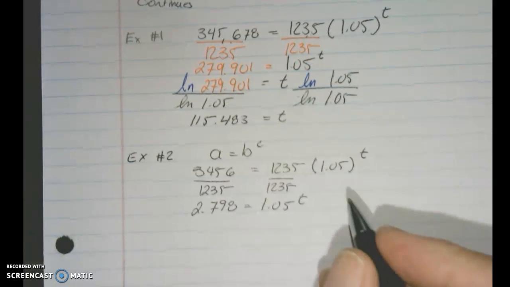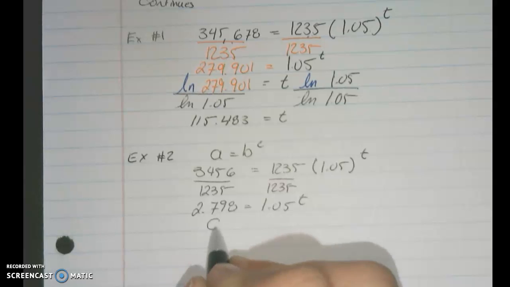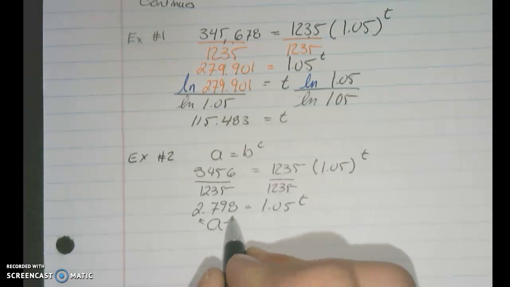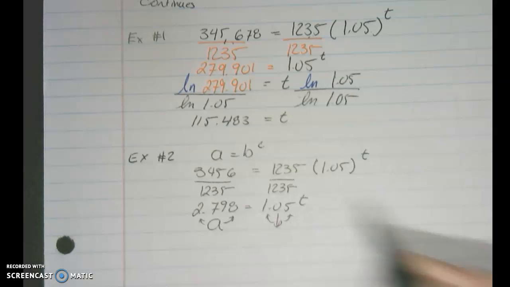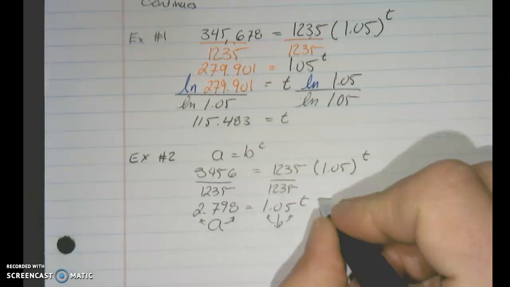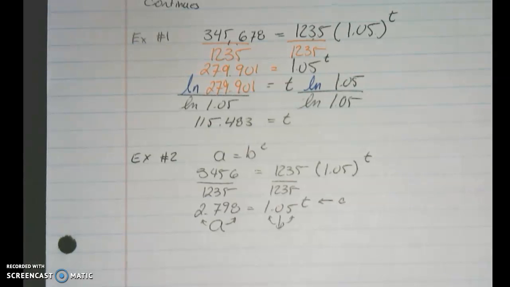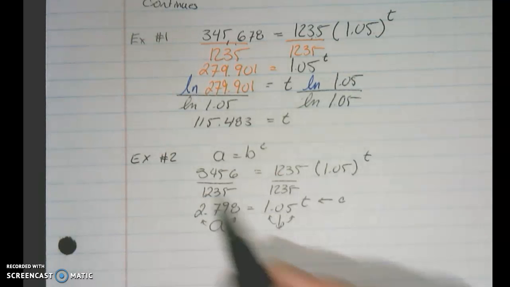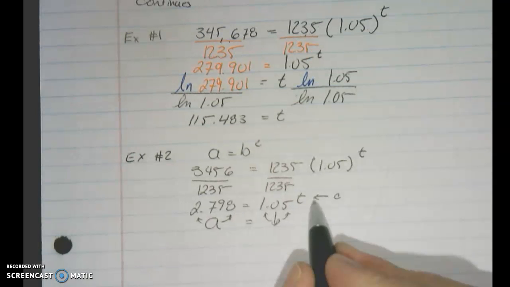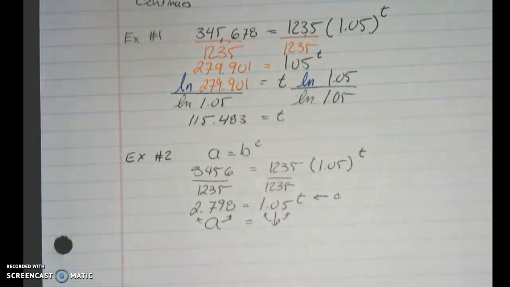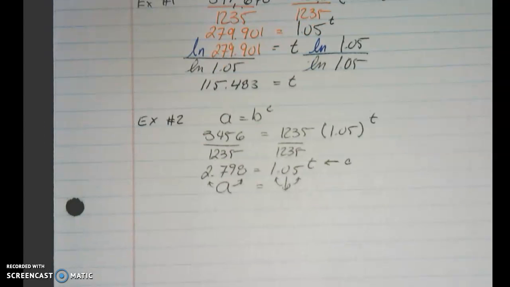Now, here's my A, here's my B, and then that is my C. That's all you have to do. You don't even have to solve it. You're just taking this number here and dividing it over. You're making it into A equals B to the C power. That's it. Good?